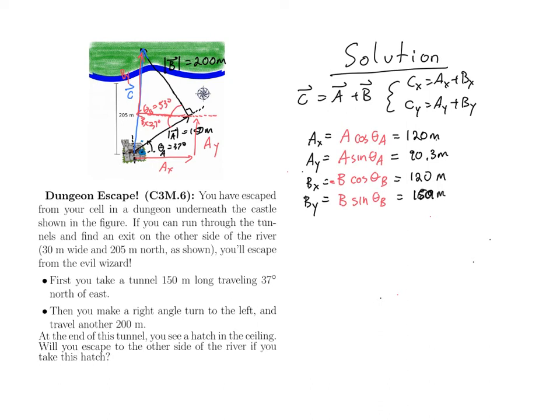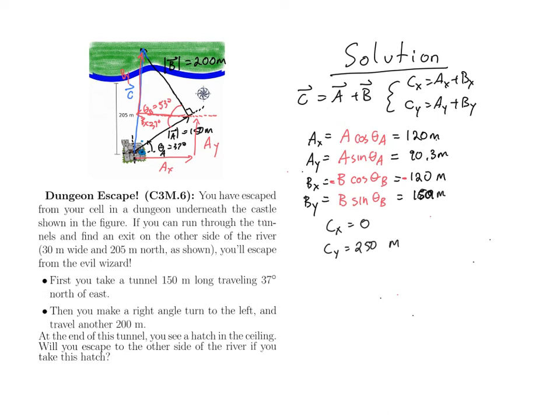I can just about do this in my head. Just make sure you remember the negative sign, which I forgot right there. Cx is the sum of Ax plus Bx, which is 0 in this case, and Cy is the sum of Ay plus By, which is 160 plus 90, about 250 meters.